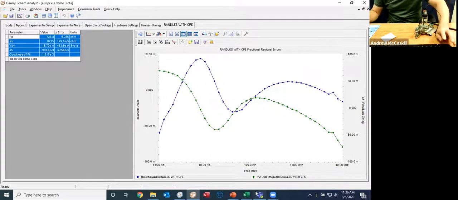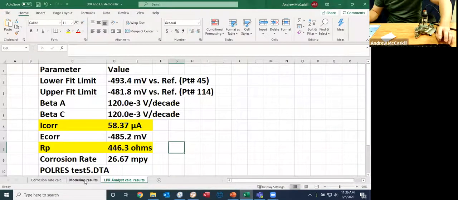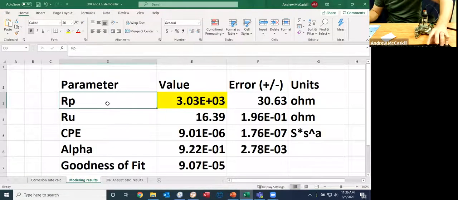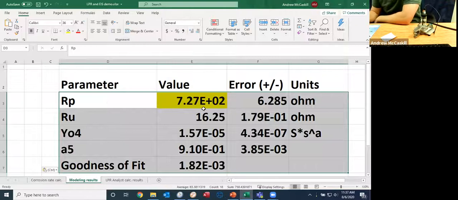We can see what values we got here. So for this one, I'm showing an RP value of about 700 ohms, giving an error value of about plus or minus 6. So that's definitely a good modeled value.